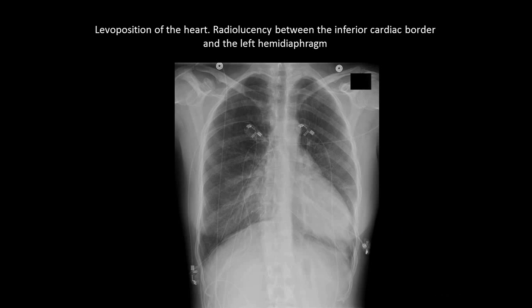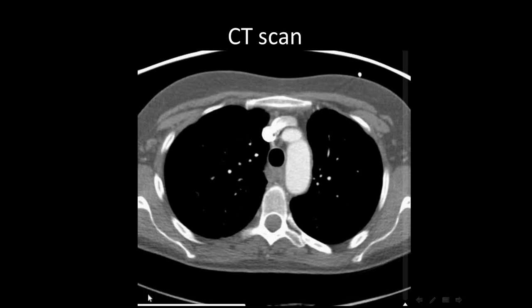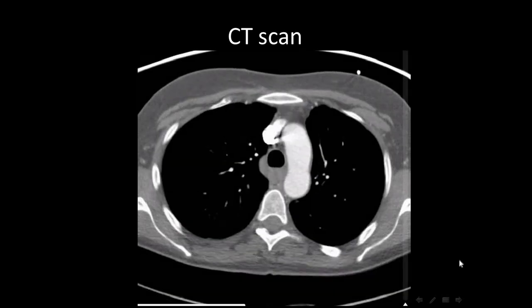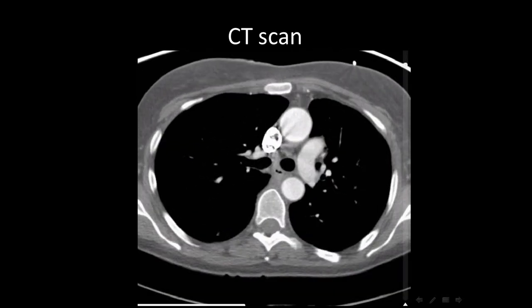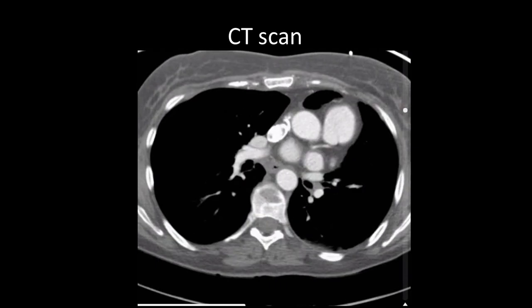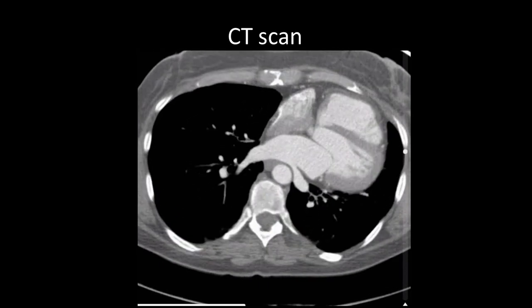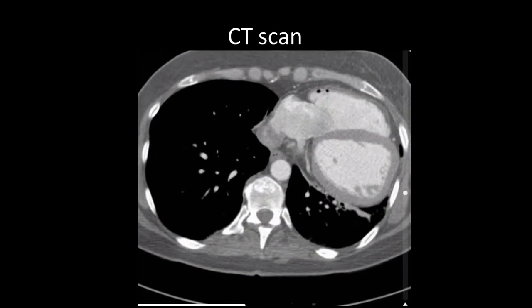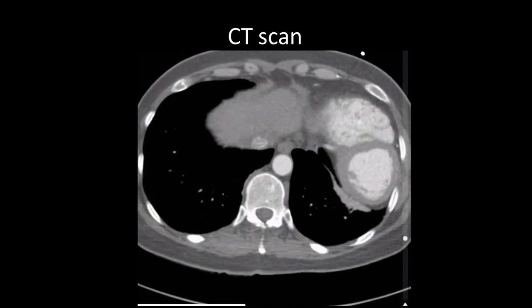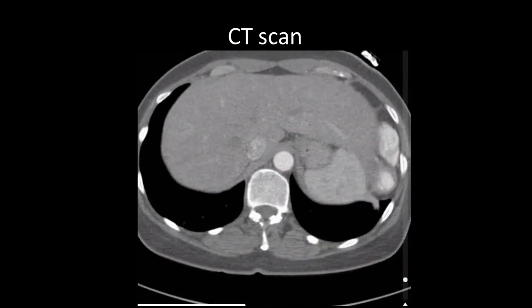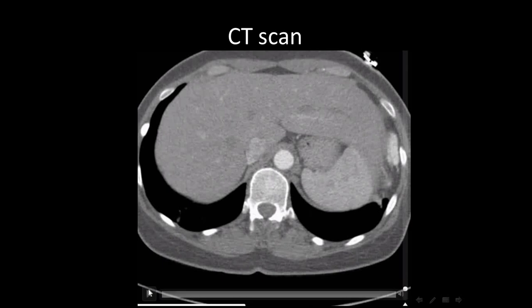Then have a look at this CT scan of the same patient. You saw anything?